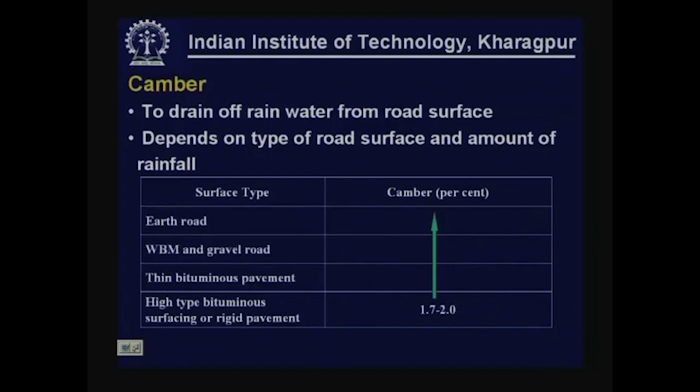What should be the amount of camber or amount of cross slope? Certainly, it depends on two major factors. What is the type of surface for the road under consideration?